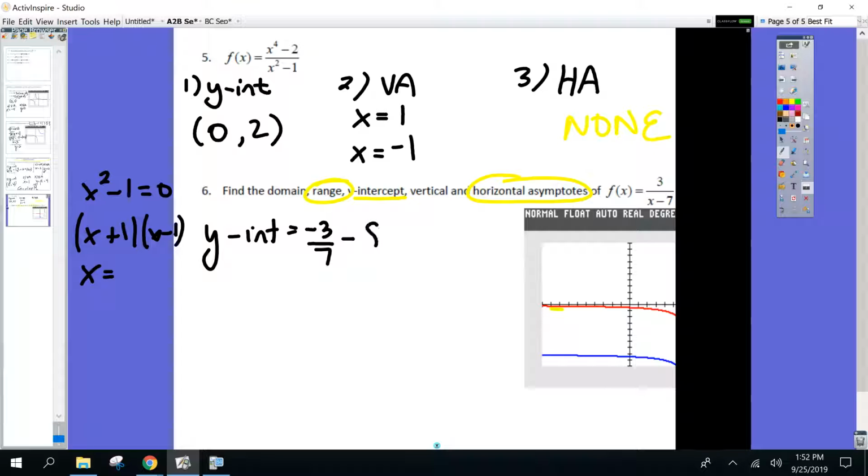Moving it down 8. So go ahead, negative 3/7 minus 8. Leave it as a fraction. That's why I have your calculators out. Zero comma negative 59/7. Just leave it like that. I know it doesn't look pretty, but hey, it gets the job done.